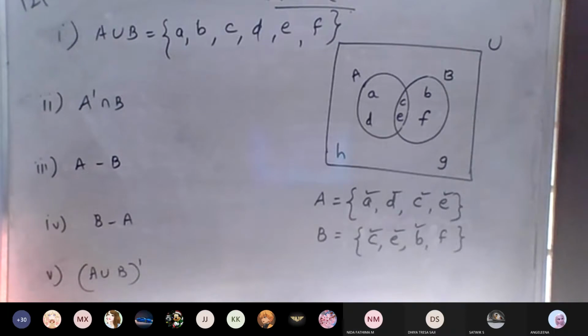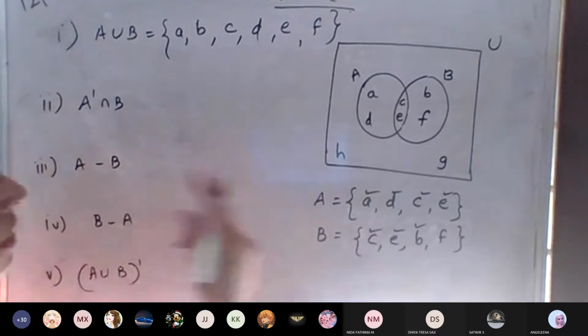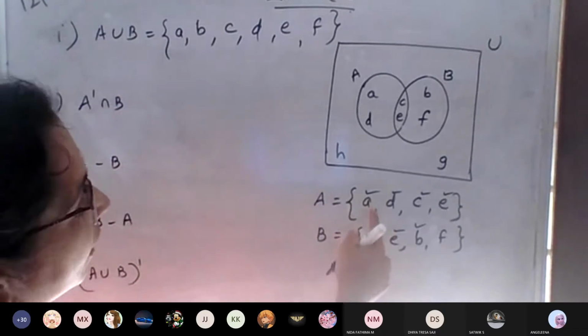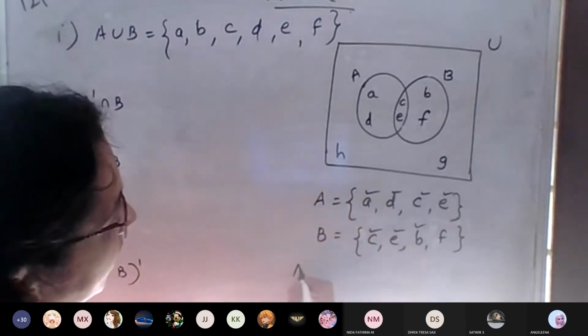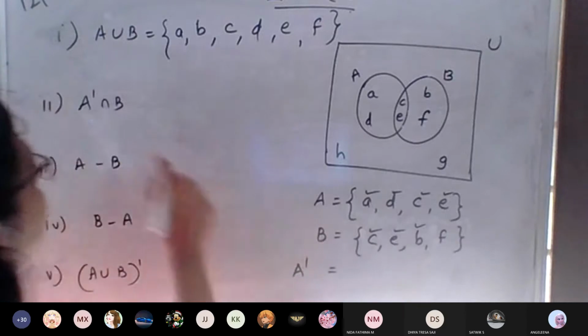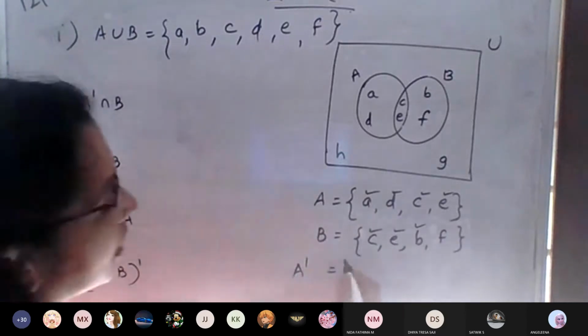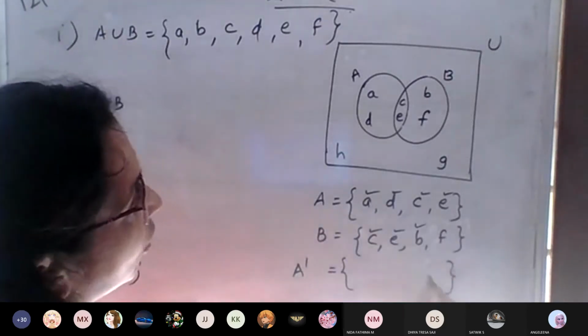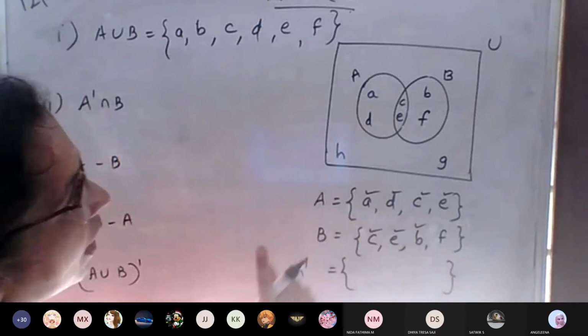A complement intersection B. What will be the elements of A complement? Then only we can find A complement intersection B. Which are the elements in A complement? Which are not in A?